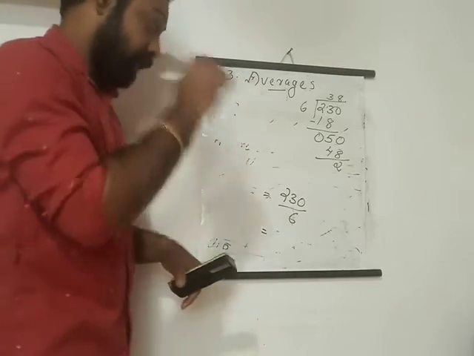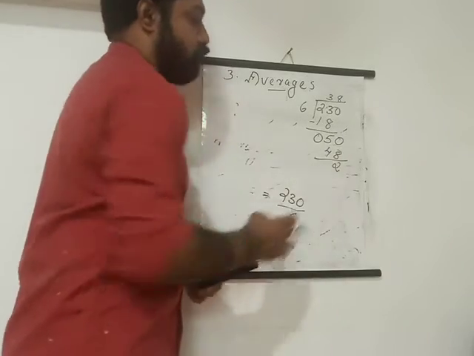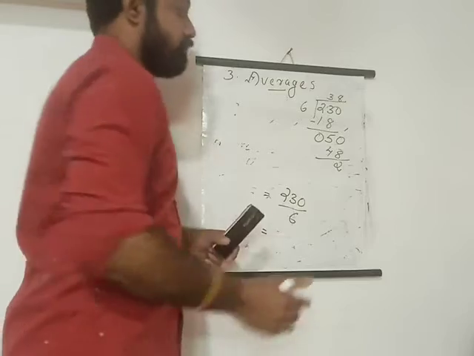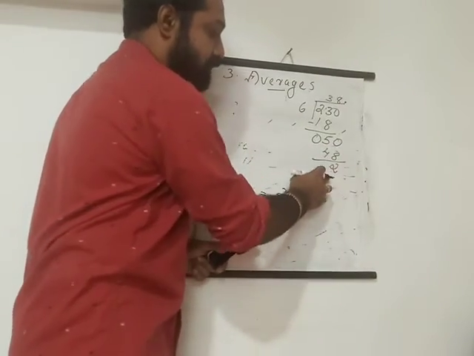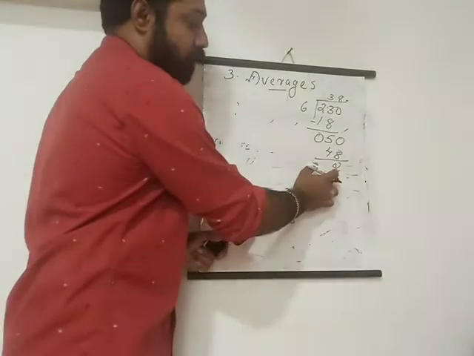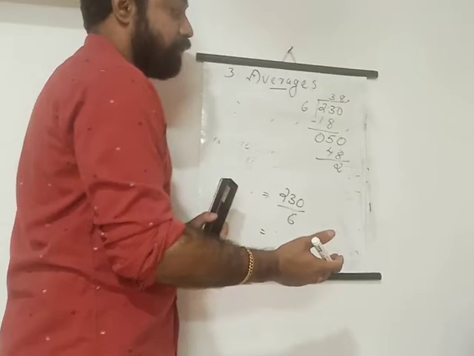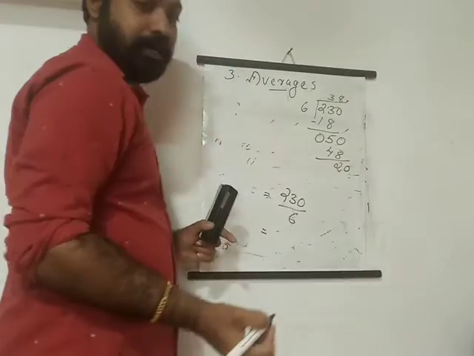Okay, so if you can't divide further, we got a remainder 2 there, which means we can again divide this number. How can we divide? Just put a point here, and if you are putting a point, that means our division is over. We got a remainder 2, and if you want to carry on again, then you have to put a point here. Then if you are putting a point, you can put a 0 here.